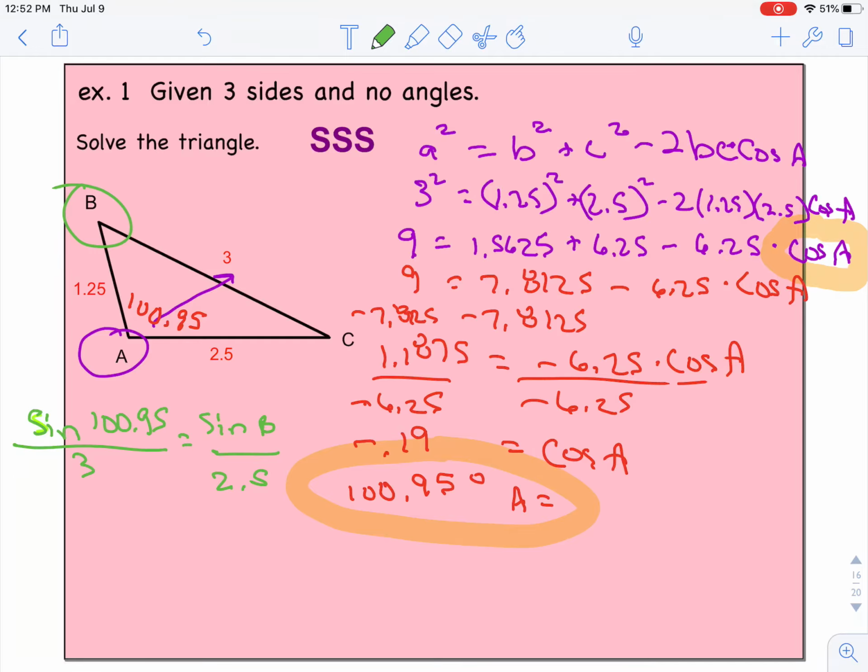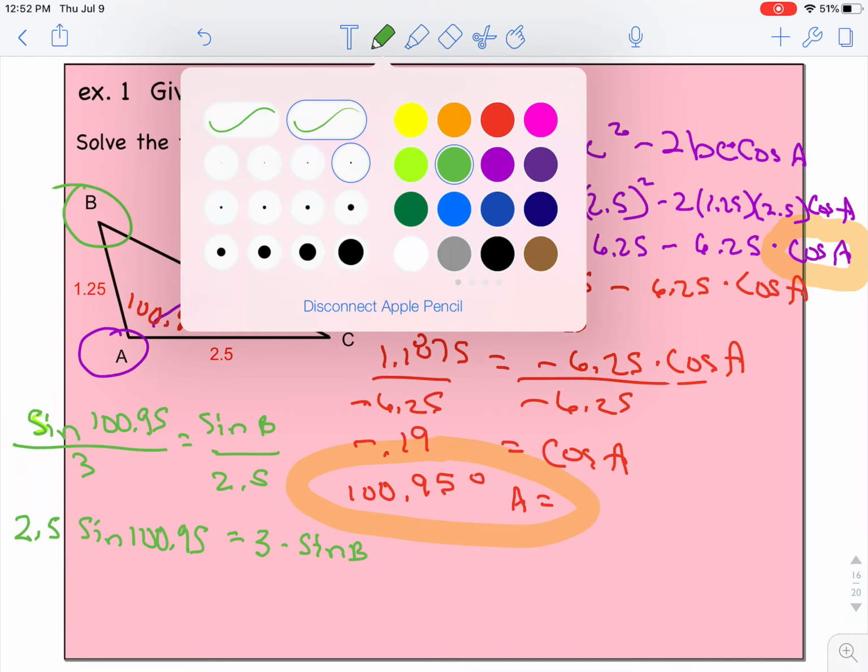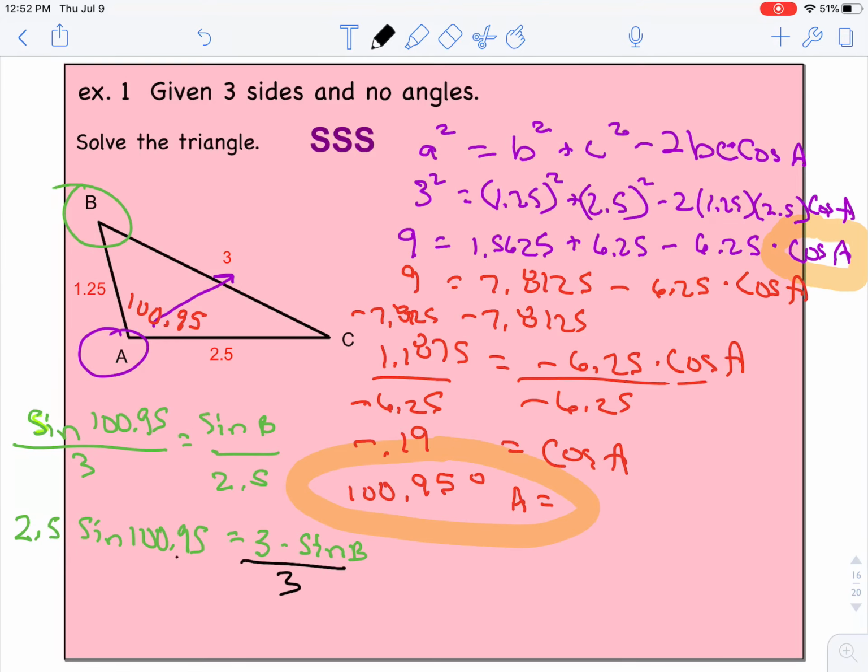So now I'm trying to find angle B. Once I get angle B, then I can definitely use triangle sum, because you can see how much work these problems really are. So now I can cross multiply, which will give me 2.5 times the sine of 100.95 equals 3 times the sine of B. So now I'm going to need to divide by 3.